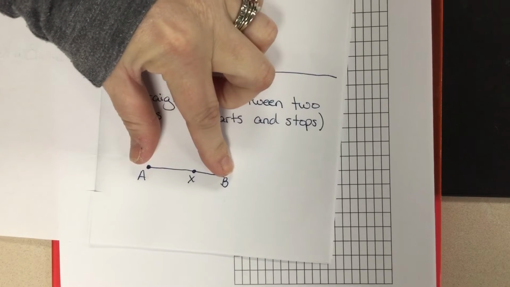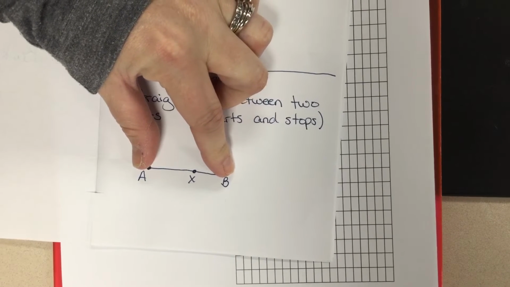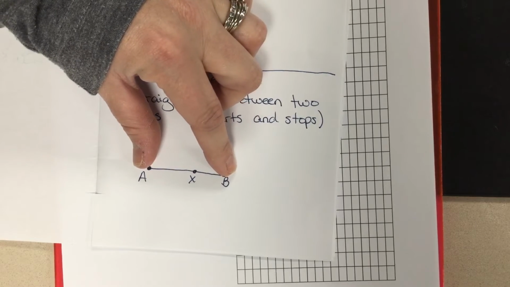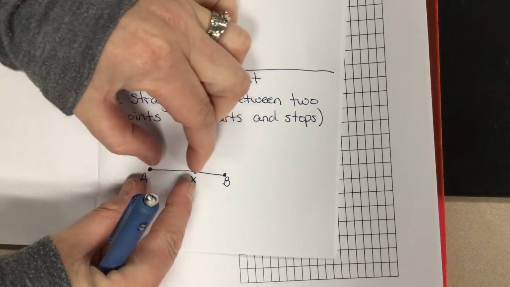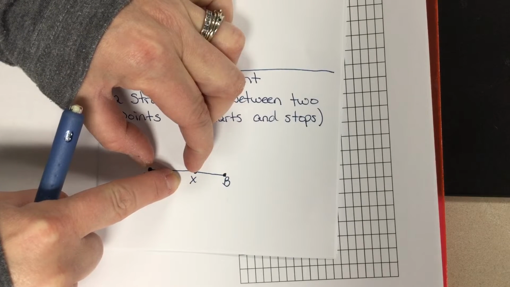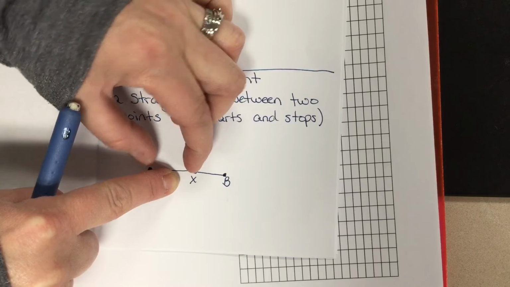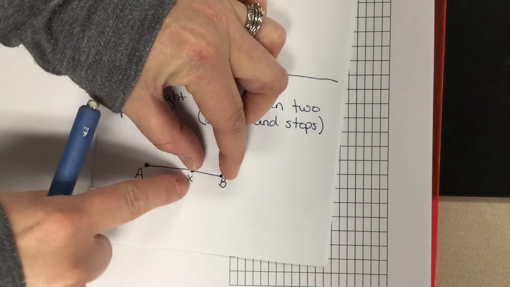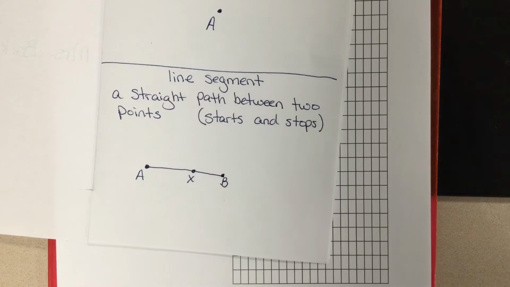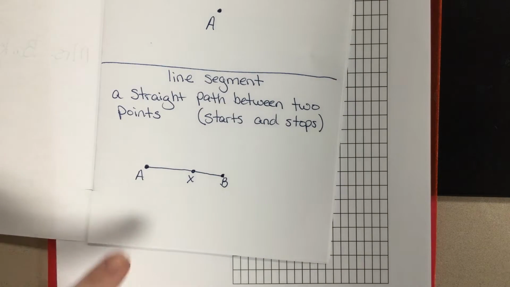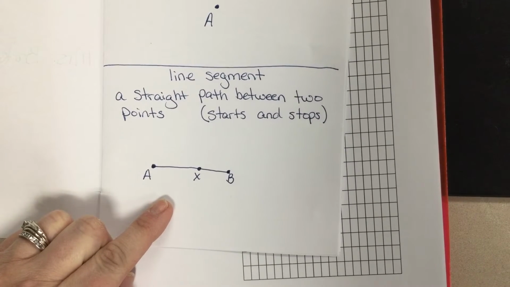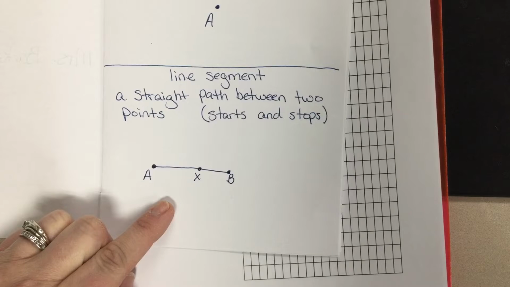That means this entire distance. It just happens to have point X labeled on there. If I say line segment AX, I'm talking about just this distance between A and X. If I said line segment XB, I'm talking about just that distance. Okay? So I want you to think of a line segment. All it is a bunch of dots that are drawn so close together that it looks like a continuous line.